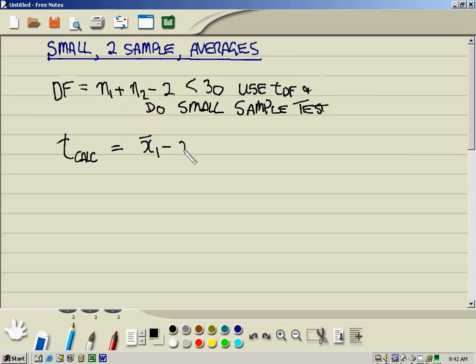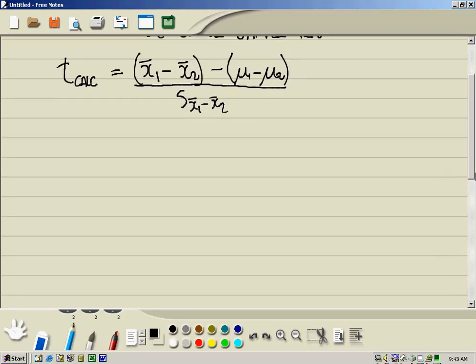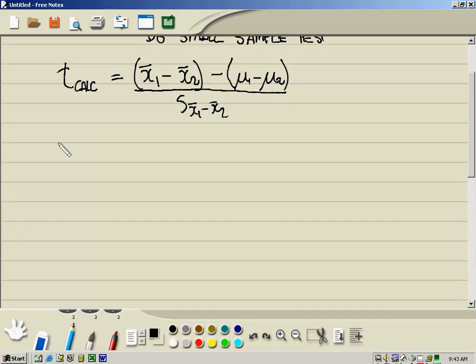So it's x bar 1 minus x bar 2, the sample difference, minus mu1 minus mu2, the hypothesized difference, which will always be 0, divided by the standard deviation, which is still called, of course, s of x bar 1 minus x bar 2, but is now the standard deviation that's calculated differently.